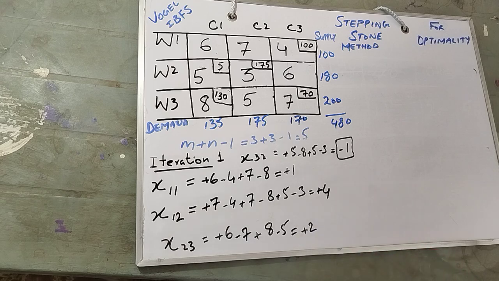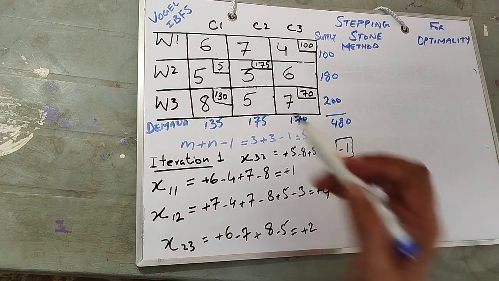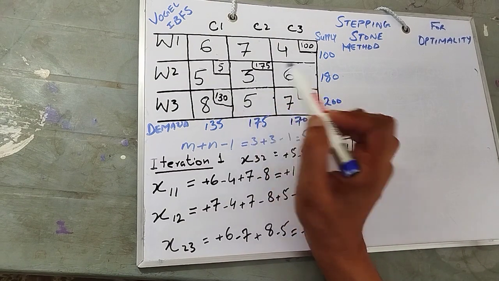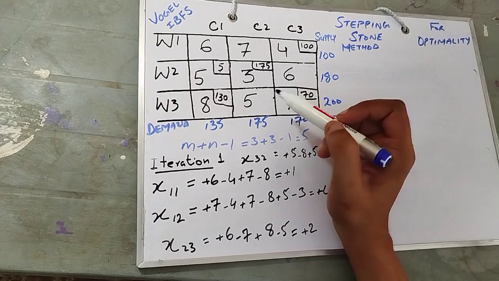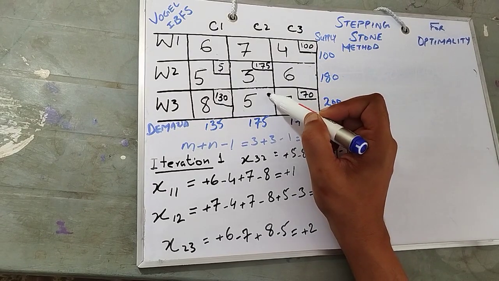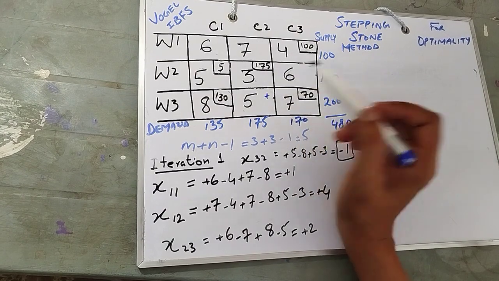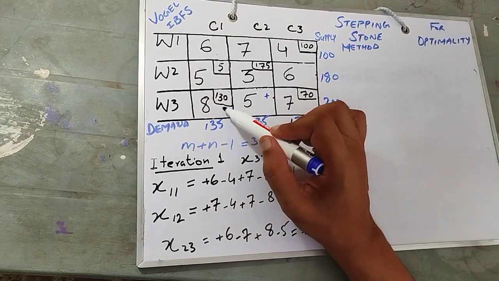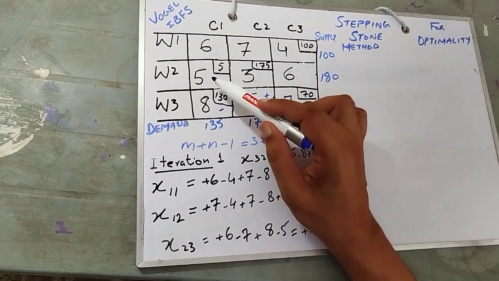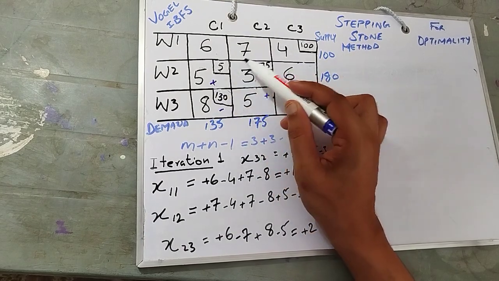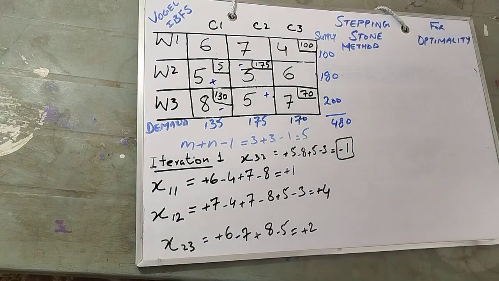So you see, starting from here, that was plus. Okay, that was minus. I took this minus. Okay, then plus, then minus. It went like this.